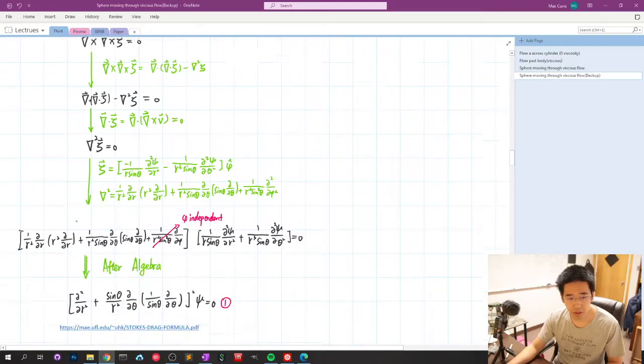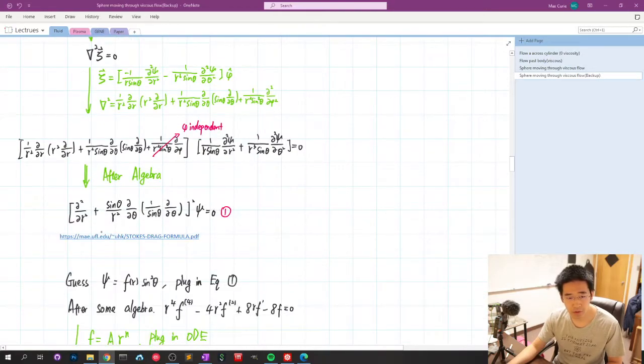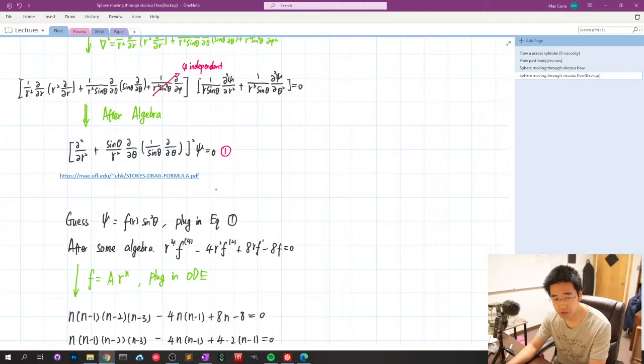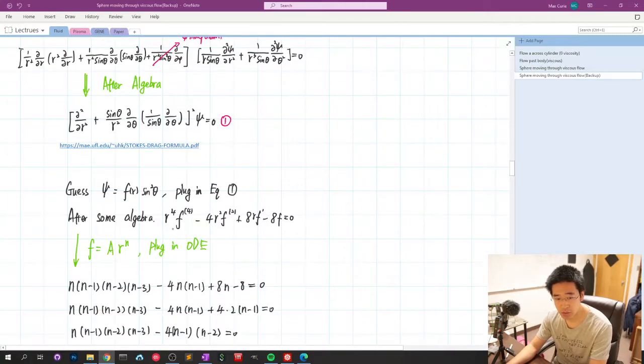So where were we? We're here after we got this, and we need to solve for psi. So we just make a guess of psi equal to phi f(r) sine squared theta. We plug into equation 1, and we have this expression.